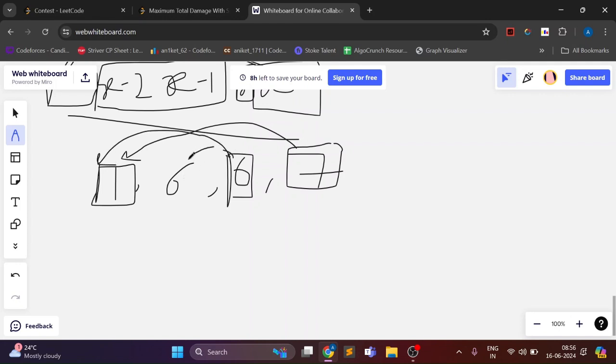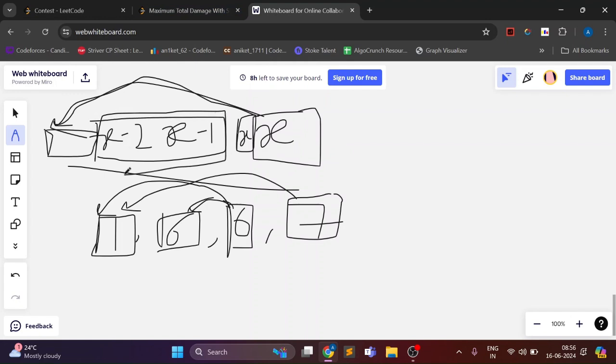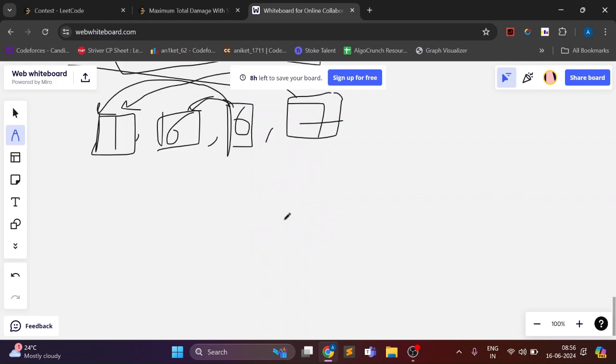Now why can it not be this? It can also be this, the position at index 1, but maintaining such a condition is difficult, because we are not taking only x minus 1, x minus 2 and x minus 1, so it would form a structure like this.